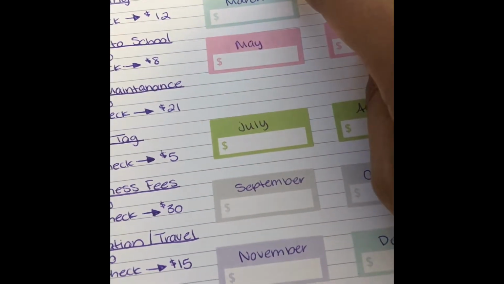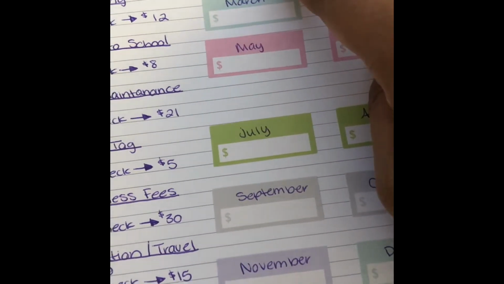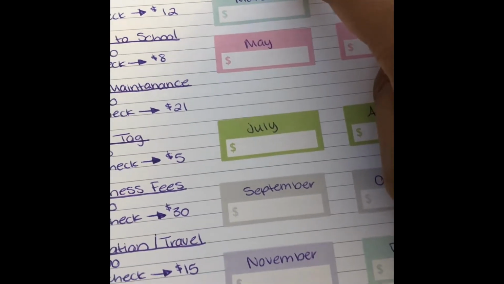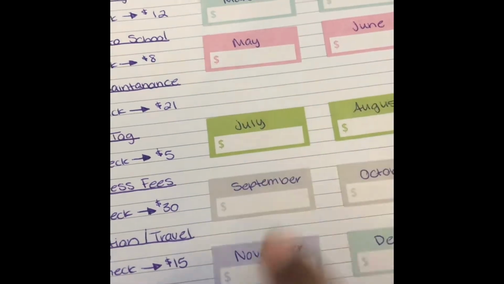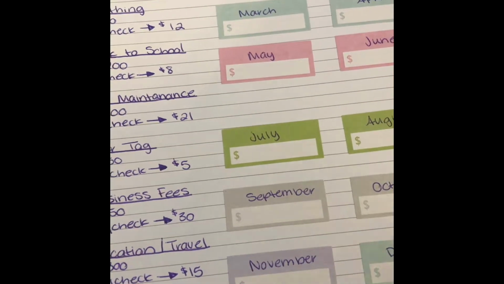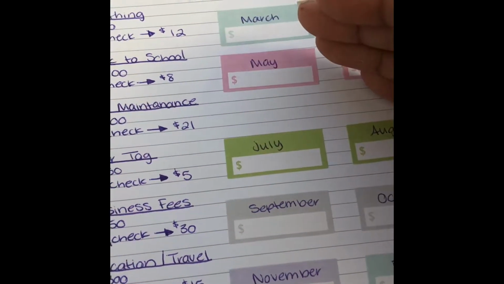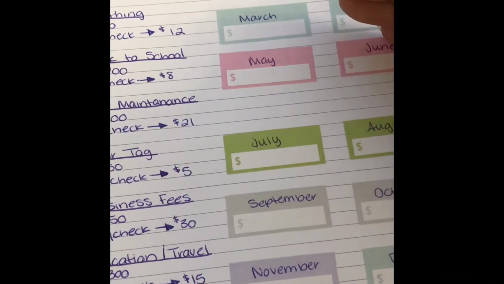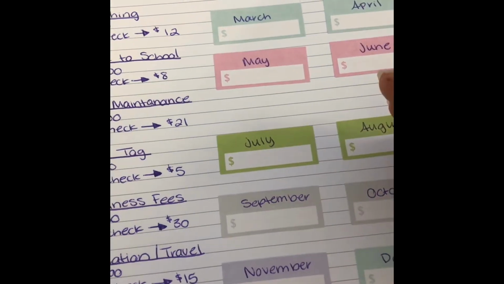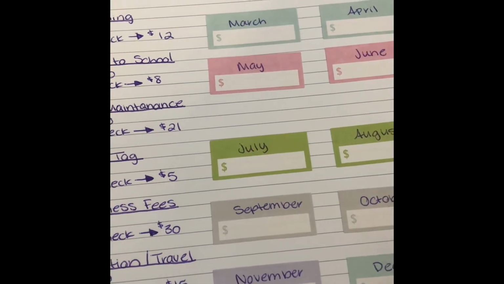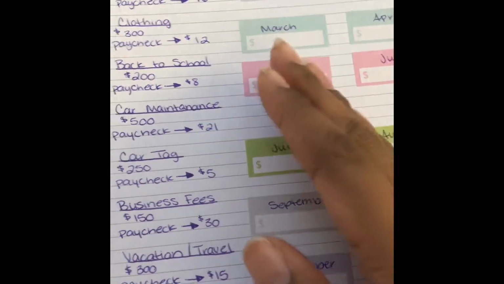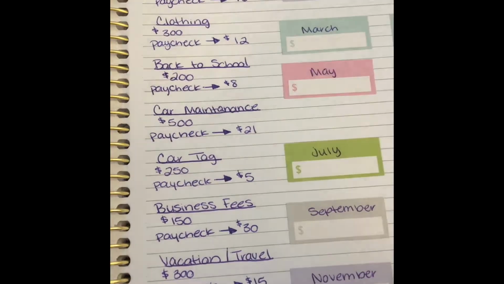At the end of the month, like at the end of January, I will count what I have saved so far and put that amount in the box, and so on throughout the end of the year. Because you will be pulling from this money as the months go on. This is not something that will just sit in a banking account until the end of the year. It is something that you will be pulling from as these things come up.